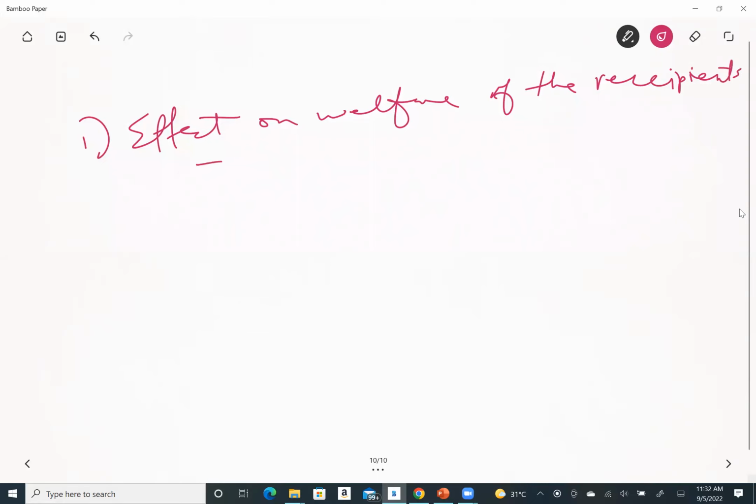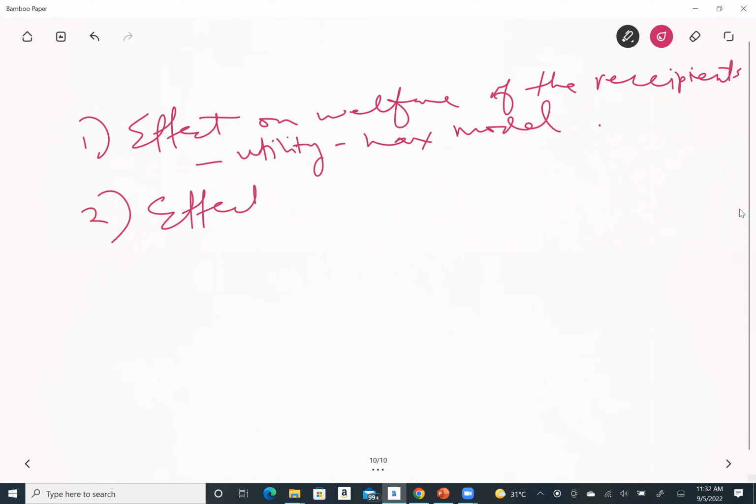We're going to use the utility maximizing framework. Number two, we're going to look at the effect on the market, where we simply use the supply-demand model.